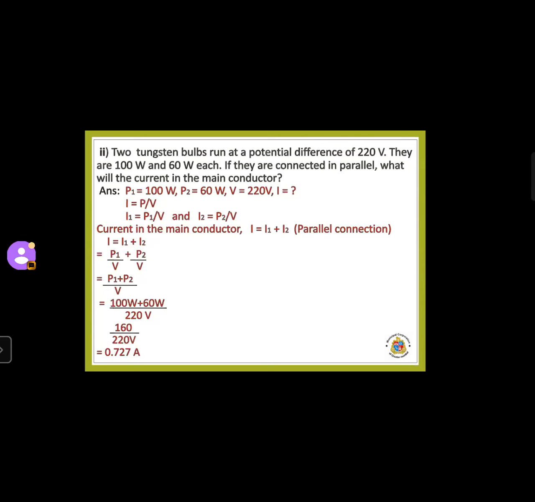Now solve this, we get the answer, 0.727, in round figure 0.73 ampere. So unit is compulsory. This question carries 2 marks.